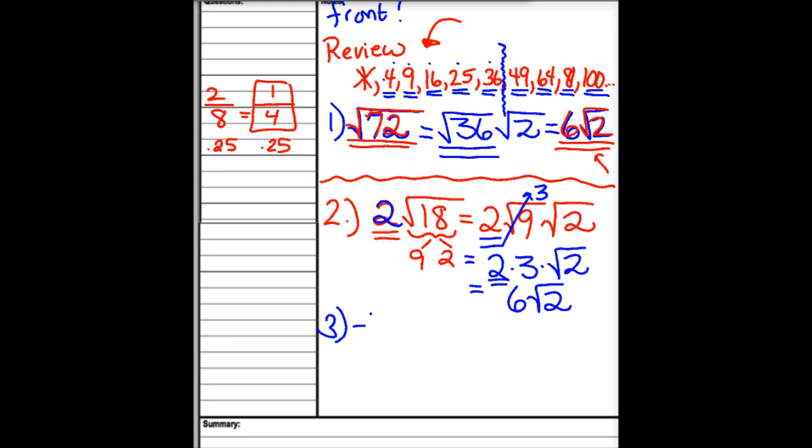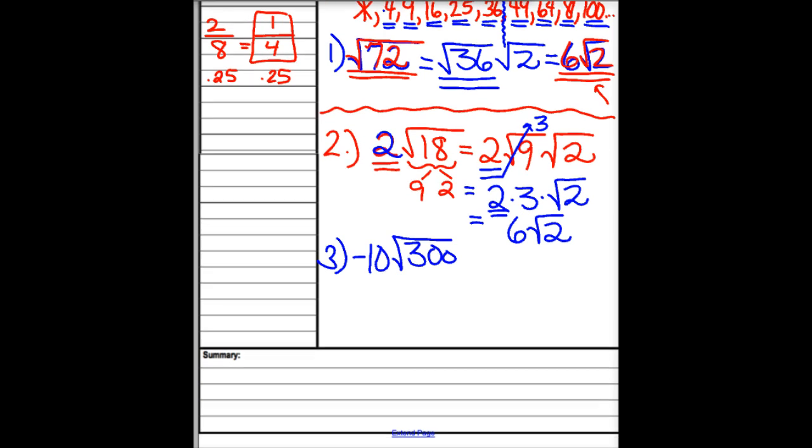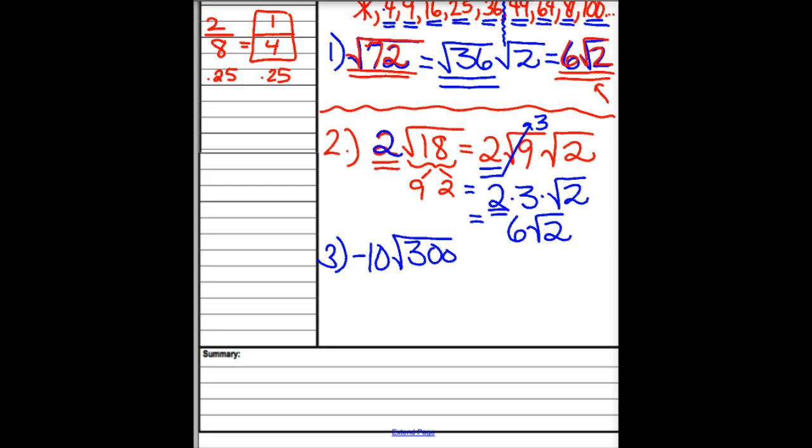So let's suppose I had a negative 10, and then the square root of 300. You might be thinking, 300, that's too big, I can't simplify it. But it has such a huge perfect square in it. 100 is just screaming at you inside of there. So the negative 10, I rewrite. Root 300, I spot that it has a big 100 in it, so it'd be root 100, root 3.